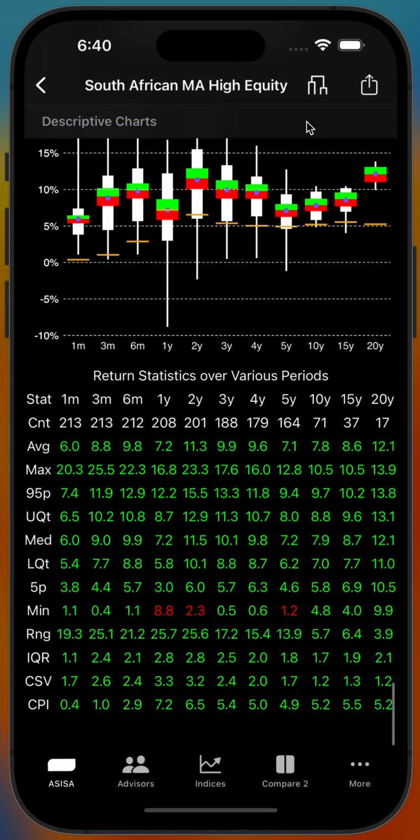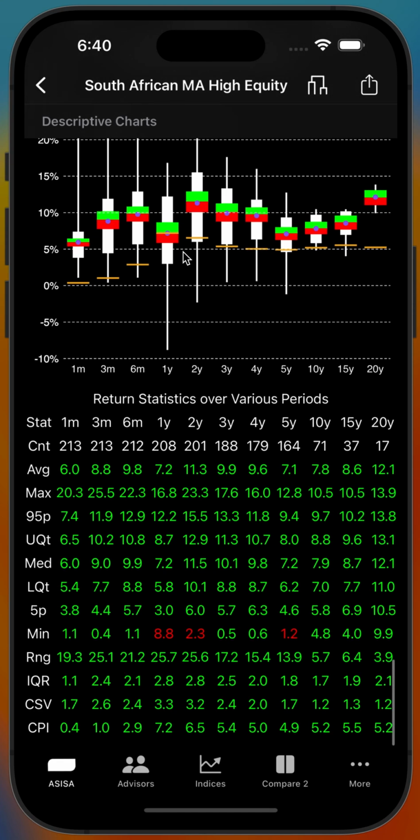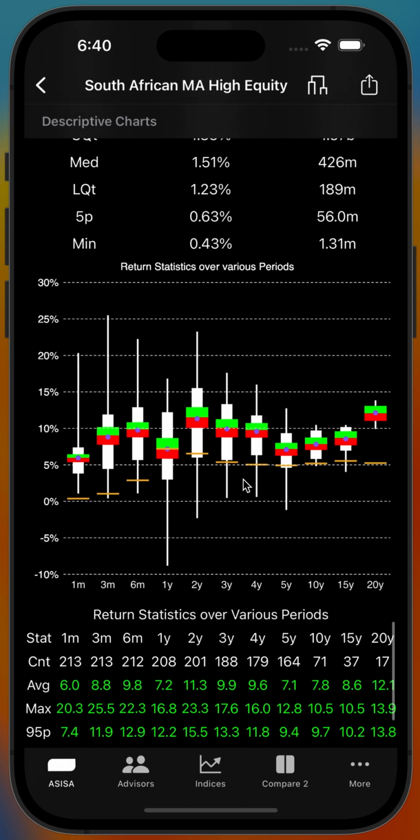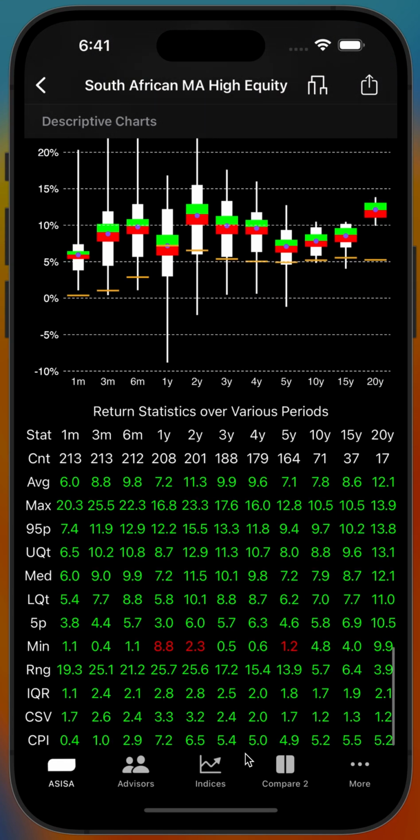And then finally, you've got both in table form and in box and whisker plot a whole bunch of descriptive statistics, but now on fund returns for the category. So above it was on TERs and AUM, here it's on fund returns.